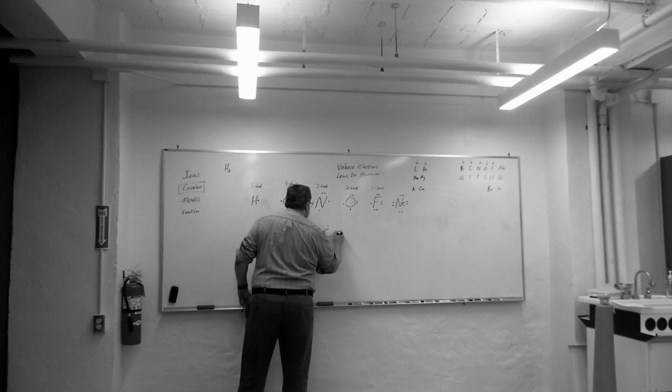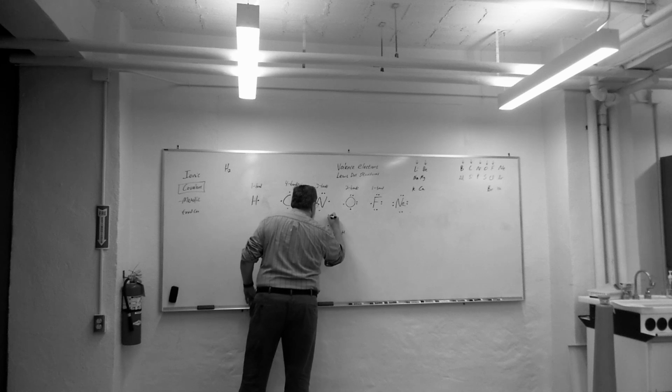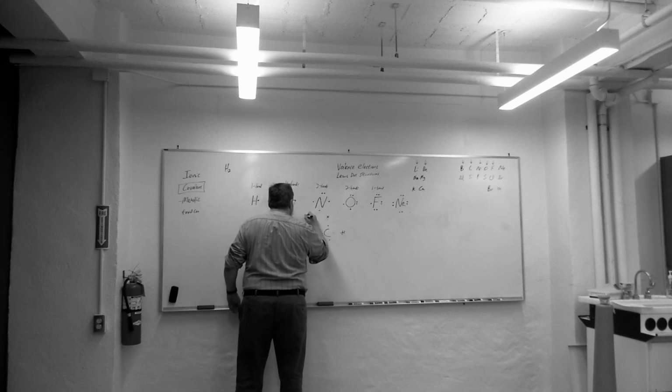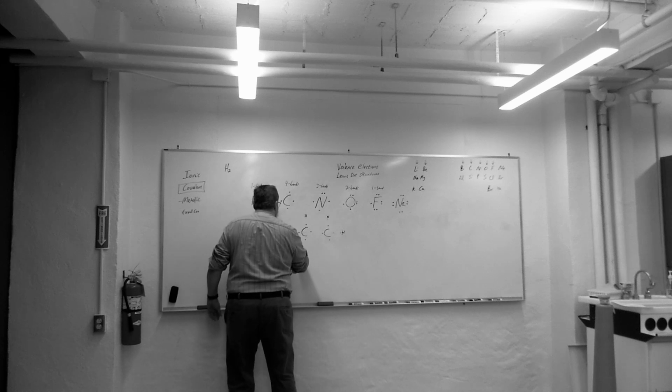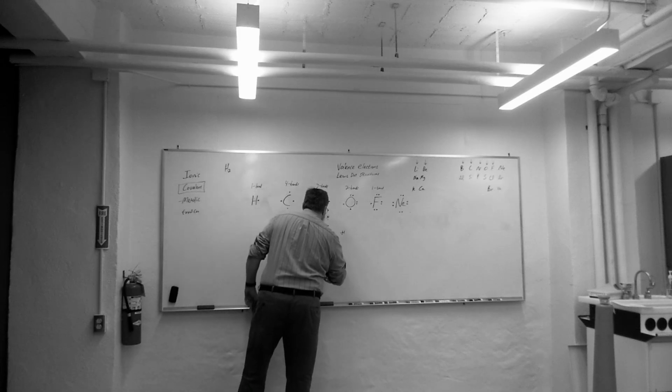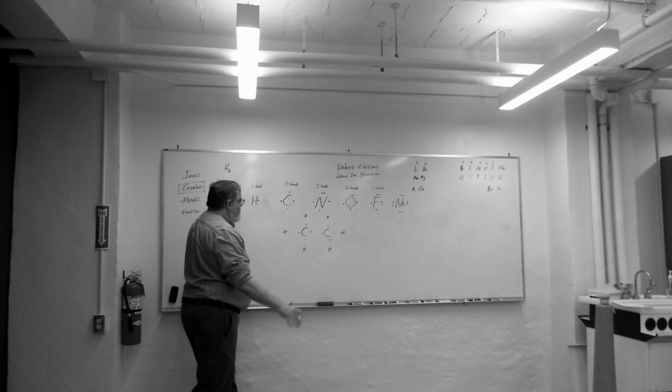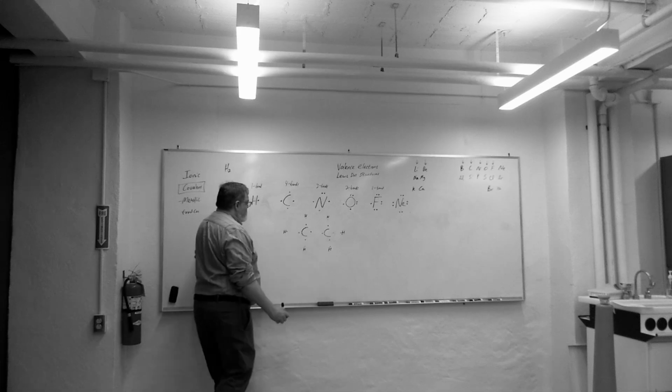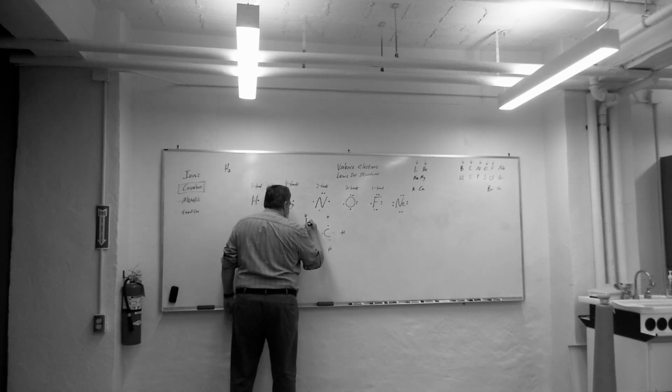A simple hydrocarbon. And I'm going to fill the hydrogens around. Okay. So I pulled out of my box 6 hydrogens and 2 carbons. So I can connect them up like this.